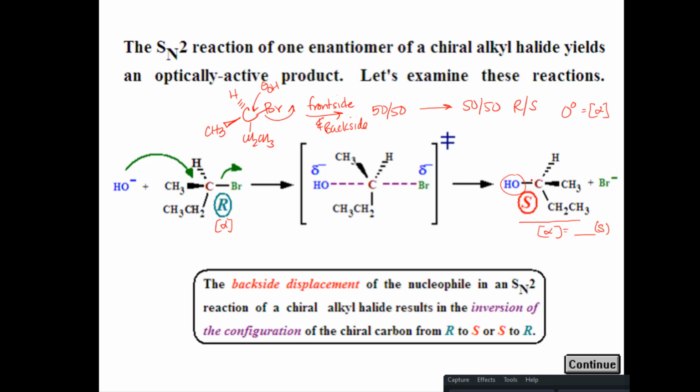And so then we conclude that the R configuration became the S configuration in the SN2 reaction, and that's what we call inversion of configuration.